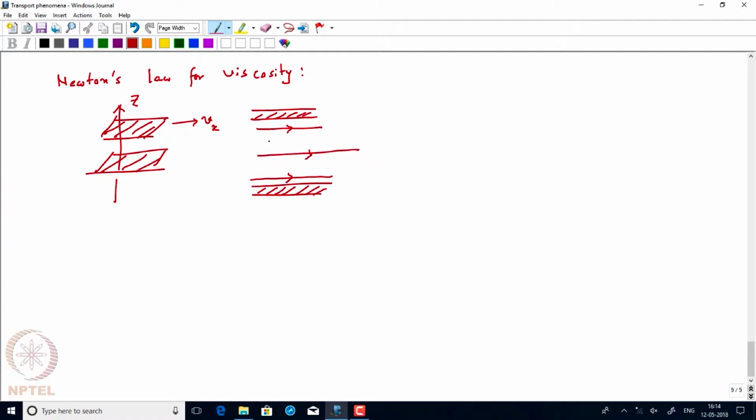Sometimes it is written like the fluid actually flows like this. The reason is just the fact that the x component momentum has a gradient along z. So this is z and this is x.